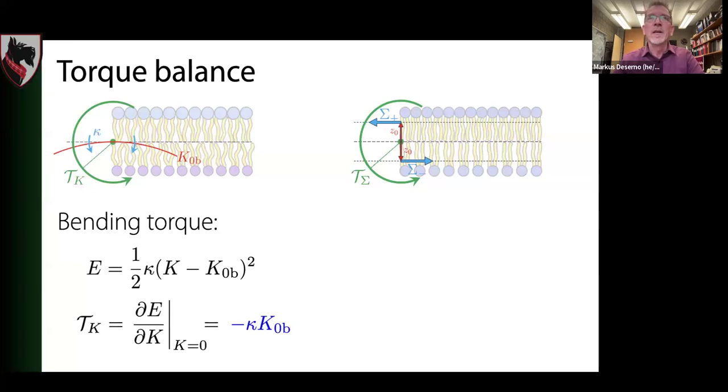And since this force you could think of as acting at some suitably chosen reference position within the bilayer, I mean, just say the middle or something like this, that we call Z0, then the product of the individual tension multiplied by basically a lever arm, Z0, creates a couple, and that is essentially a torque, which derives from the differences in these tensions.